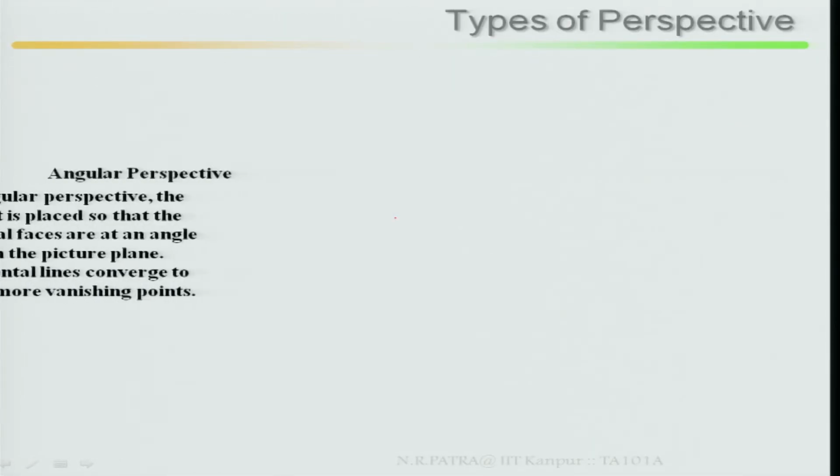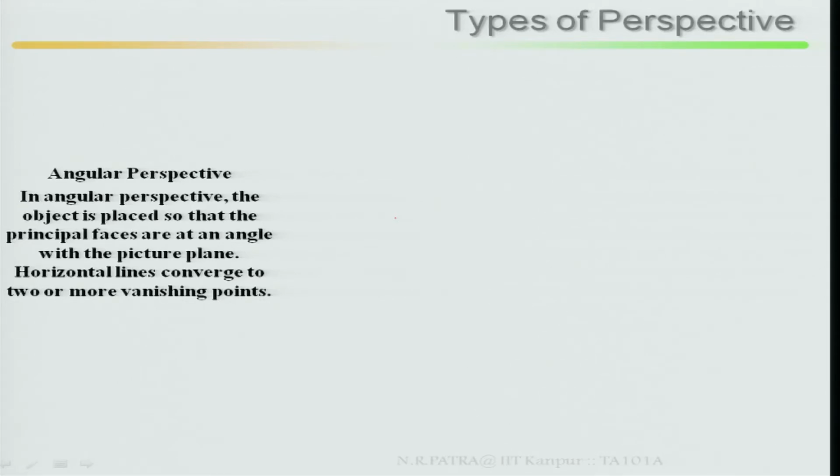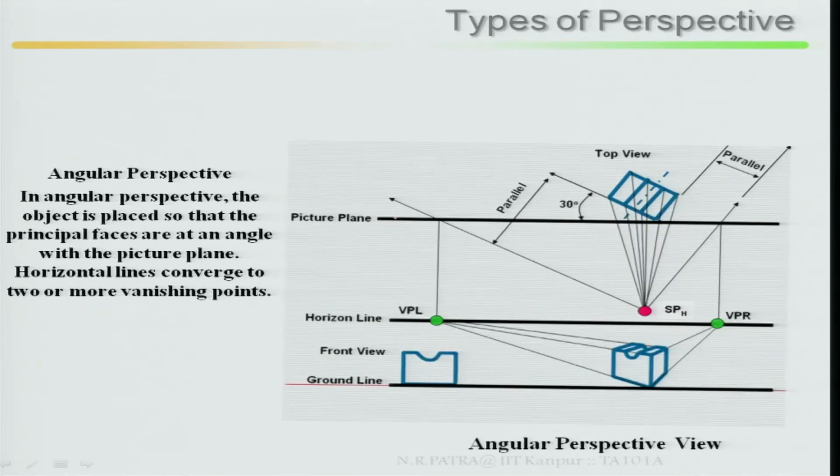The other one is your angular perspective. In angular perspective, the object is placed so that the principal faces are at an angle with your picture plane. That means it makes an angle with your picture plane, so that the isometric view can be seen.